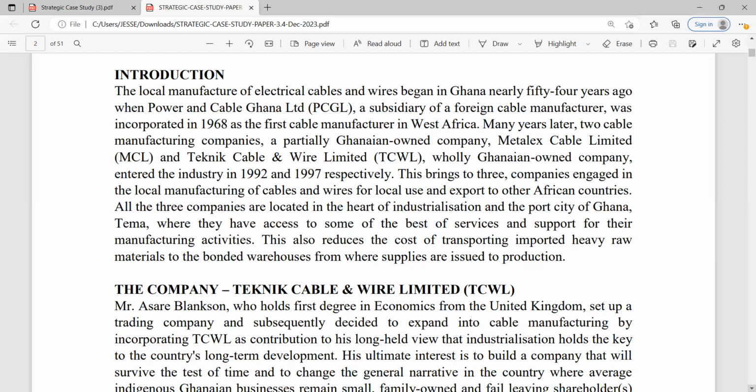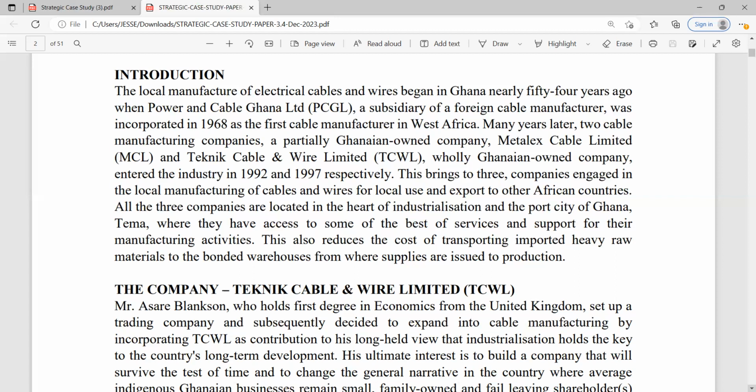So that's it when it comes to the introduction. The introduction basically sets the stage for the discussion. So a couple of things to note in the introduction. When you're reading it, one of the things you should always have at the back of your mind is your SWOT analysis. Begin looking for strengths, weaknesses, opportunities, and threats, right?